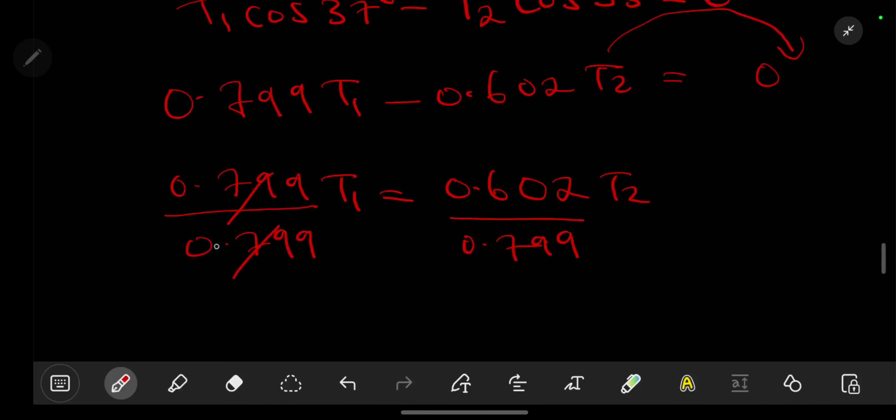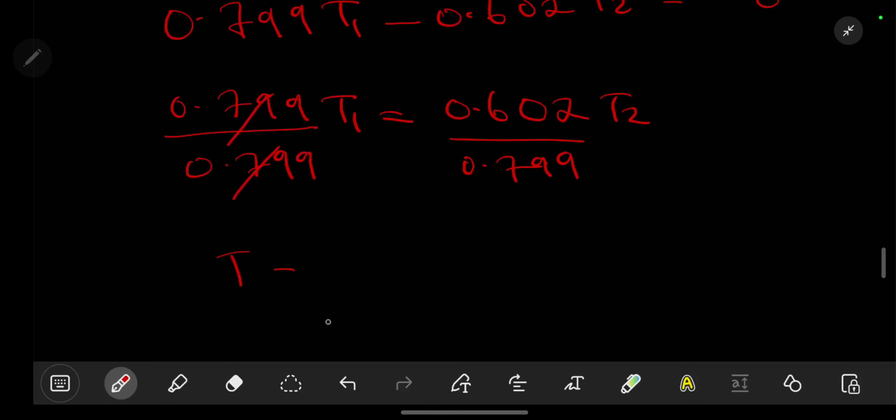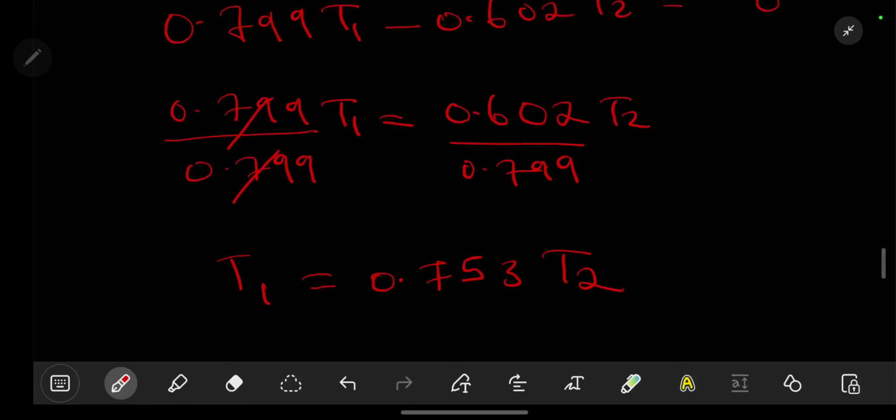This will give us a value of T1 should be equal to, when we divide these two values, 0.753 T2. So this divided by this is 0.753 T2. So this is our T1.